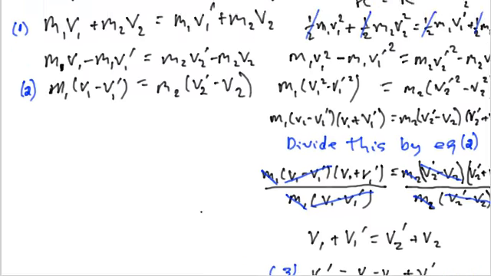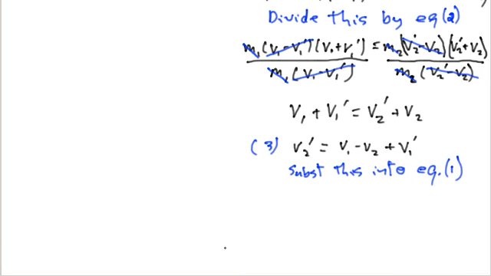Alright, M1 V1 plus M2 V2 equals M1 V1 prime plus M2, and this is where the substitution comes in.